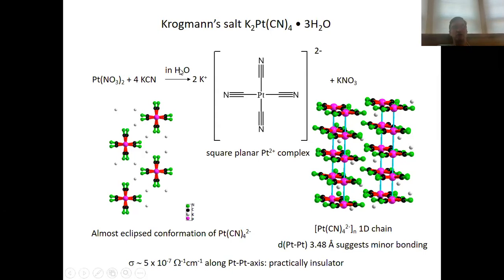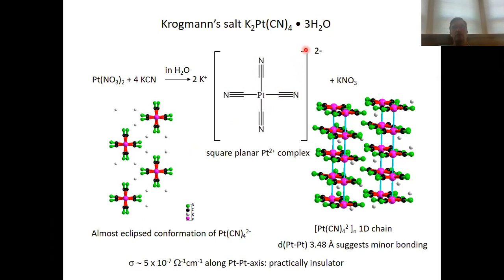So under those conditions, the cyano ligands coordinate to platinum. So platinum is a d8 species. It's because it's in the oxidation state 2+. So for that reason, it adopts a square planar shape. So you have overall four cyano groups that surround the platinum in a square planar fashion.